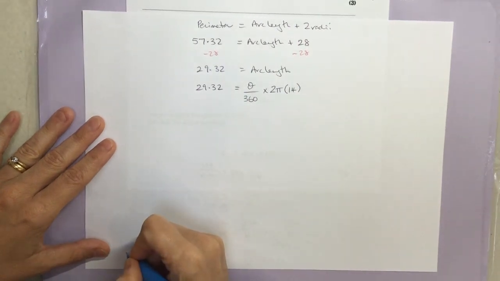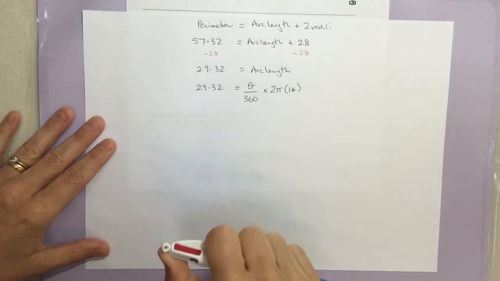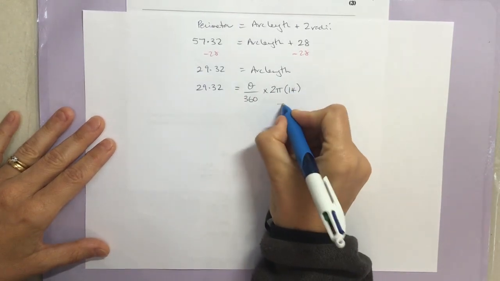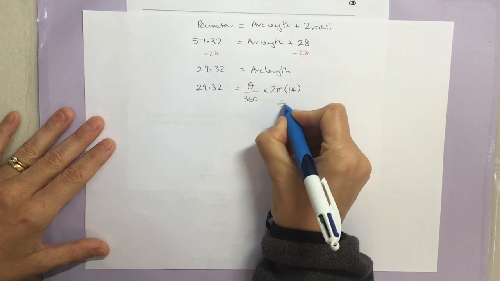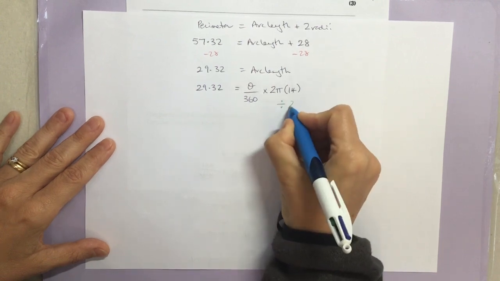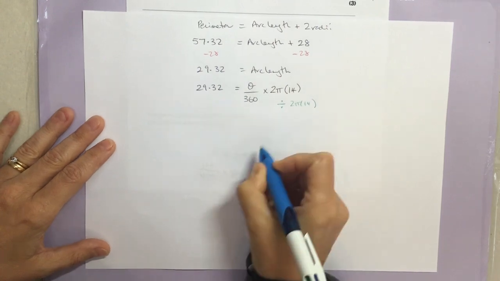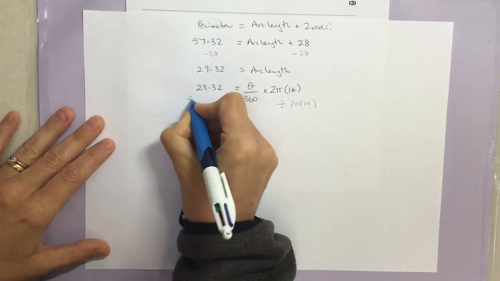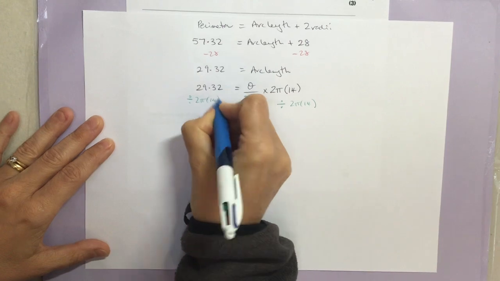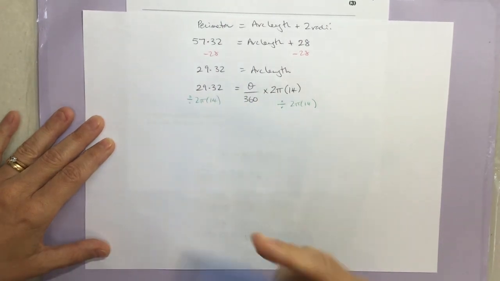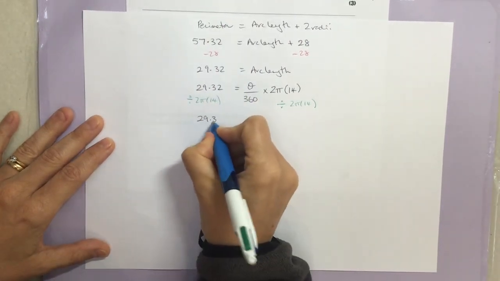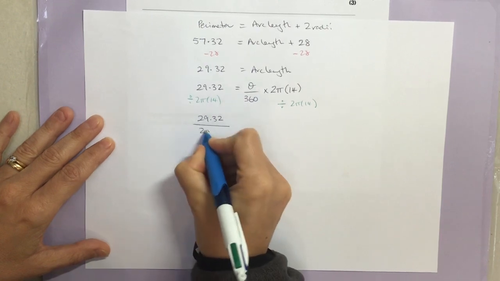Okay, and then we've got to do our rearranging as we did before. So I'm going to divide by this 2 times pi times 14, or you can write it as 28 pi there if you wanted to. So I'm going to do the same on this side. So we've got 29.32 over 2 times pi times 14.